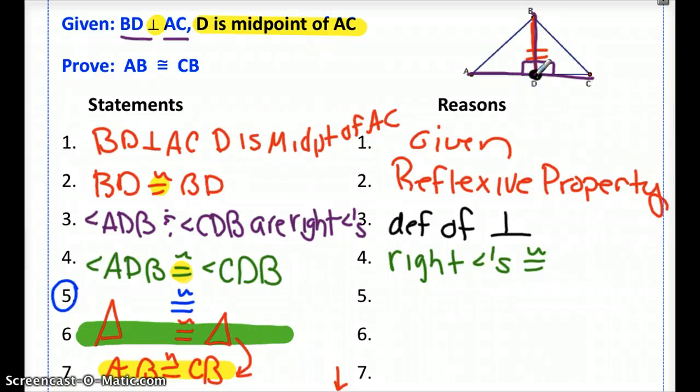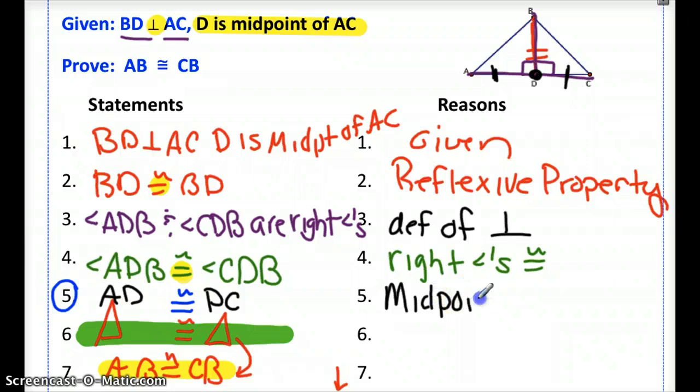D is the midpoint of AC, so this piece AD and DC are going to be equal, and then they're going to be congruent. So I'm going to write that down, AD congruent to DC. That is the midpoint theorem. The definition says they're equal. The theorem then jumps to them being congruent, so the midpoint theorem.